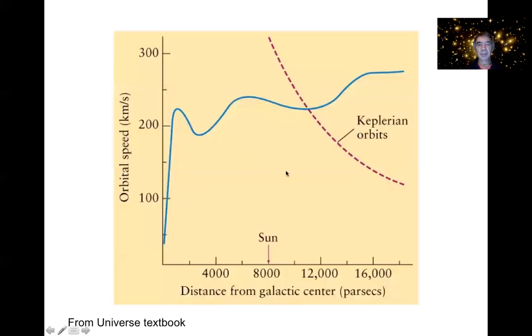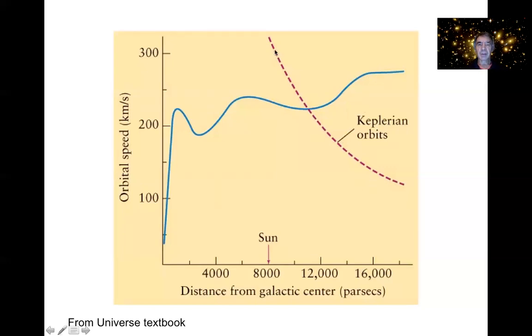So, just coming full circle, pardon the pun, here is our rotation curve for the Milky Way again. I showed you this before. You can see here it's flat at just over a couple of 100 kilometers per second. If anything, it's going up.